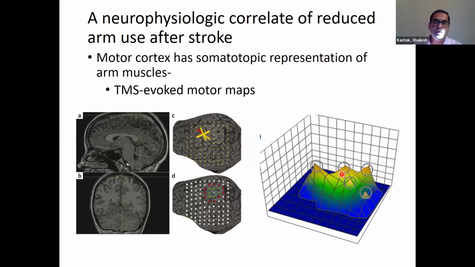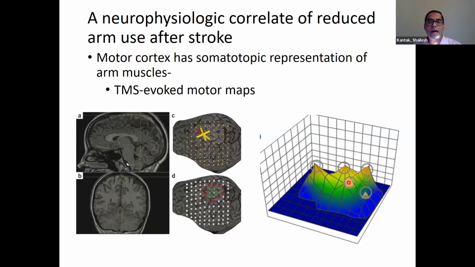Using those MEP amplitudes, we can then reconstruct a map, or a sort of representation, of that particular muscle in the motor cortex. Typically, what we find is that in healthy controls, this representation expands over an area of the motor cortex and is multi-peaked. We also know that this is true for the dominant and non-dominant hemispheres in neurotypical controls.